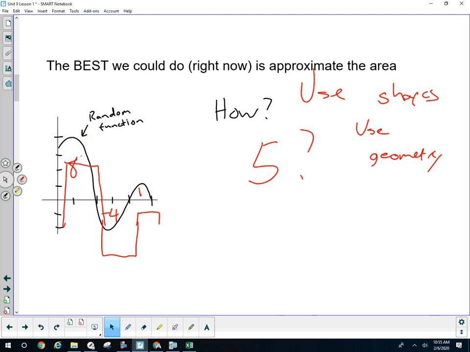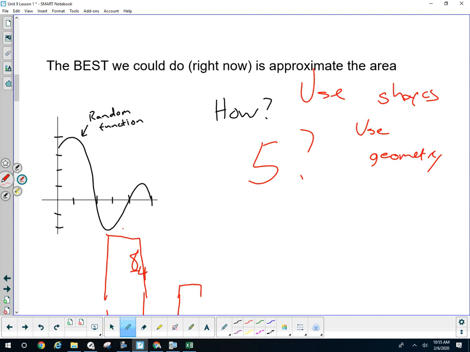That's kind of like using the lines. Other ideas? I use more shapes. Use maybe a rectangle here, a rectangle here, a rectangle here. Wouldn't this give me a better understanding of what's going on if I use more shapes? Okay, good. So that's something we're going to keep in mind: more shapes, better approximation.